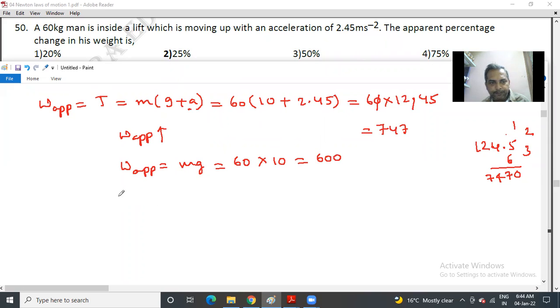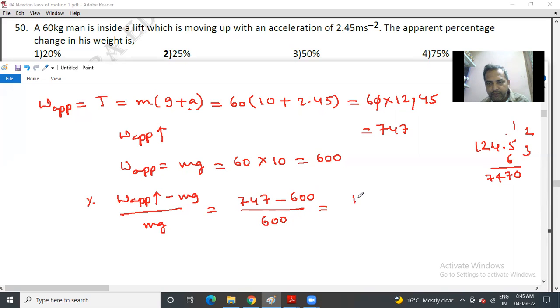So how to find out the percentage change? Apparent weight going upwards minus mg divided by mg. So this is going to be 747 minus 600 divided by 600. So this is going to be 147 over 600.